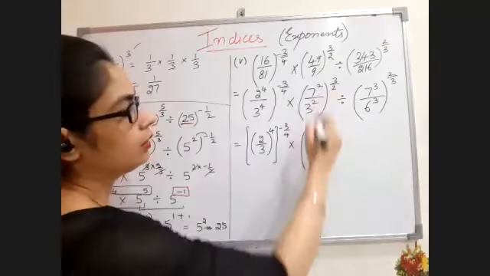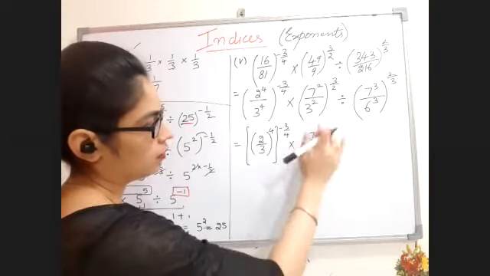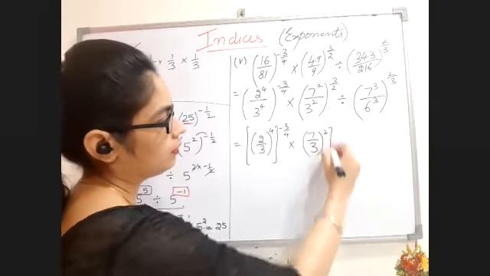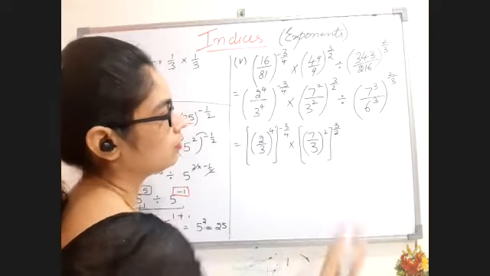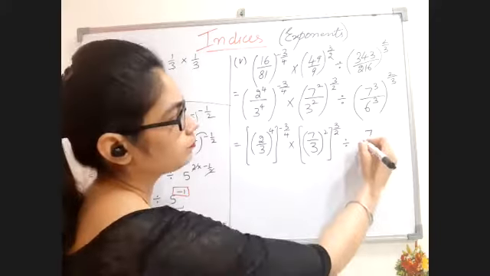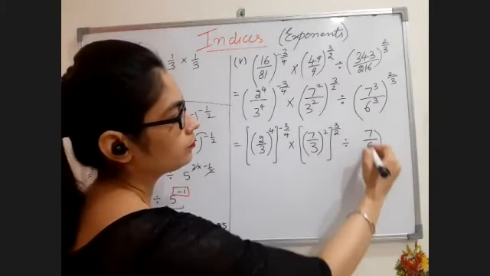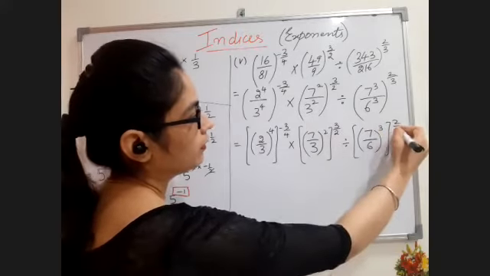Into 7 by 3 whole power 2, square bracket 3 by 2, divided by 7 by 6 whole power 3, square bracket 2 by 3.